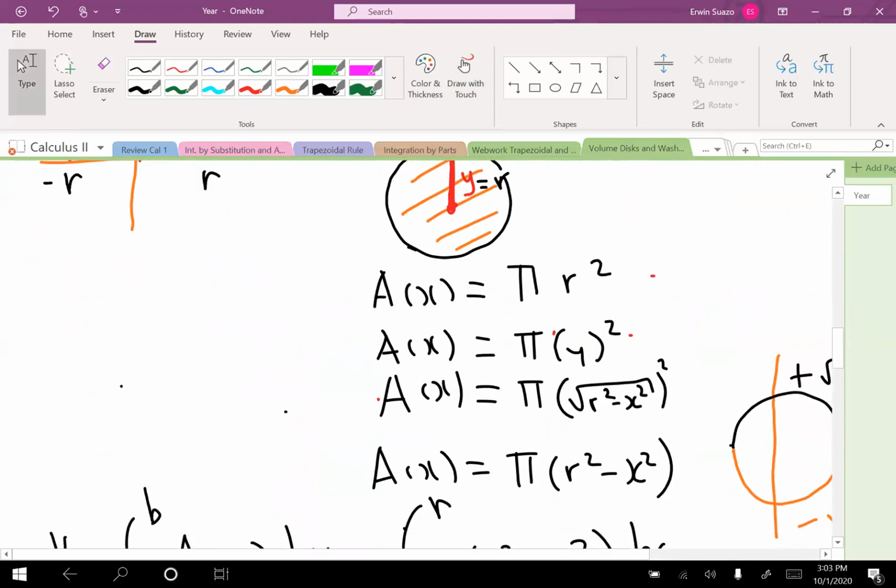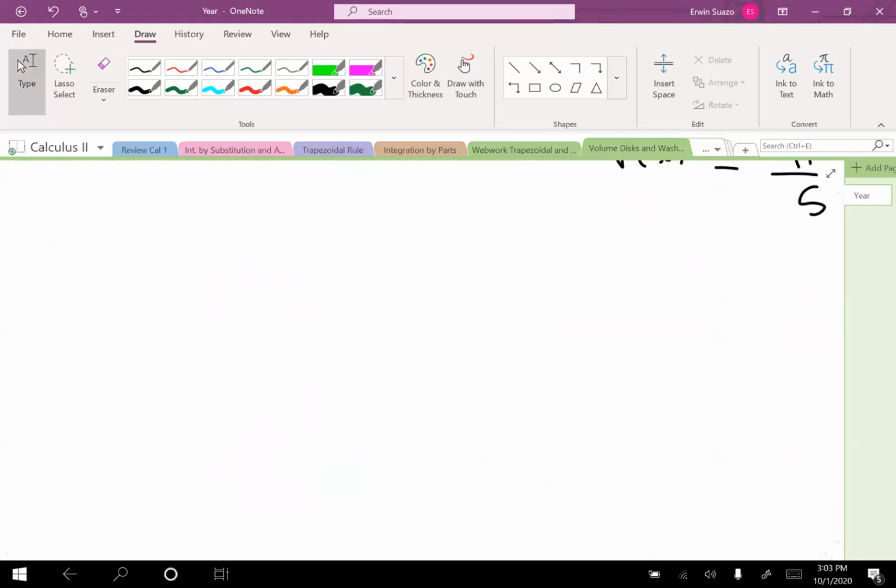But okay, so let's do the last example. I'm gonna rotate this example around the y-axis.